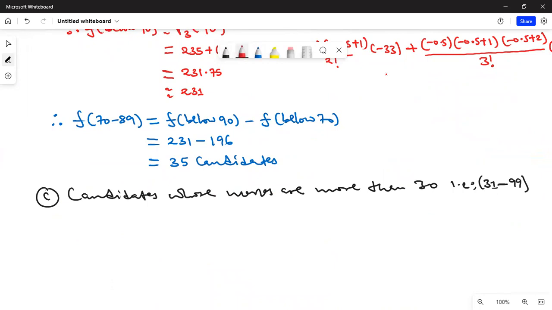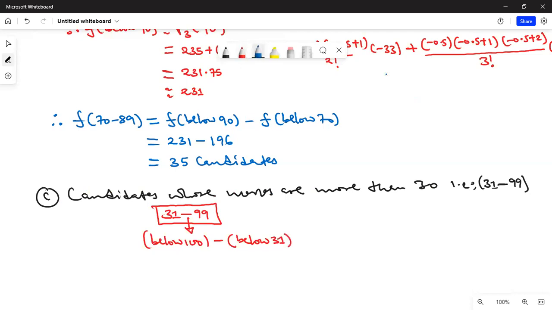The interpretation of this interval is those who scored marks below 100 minus those who scored marks below 31.